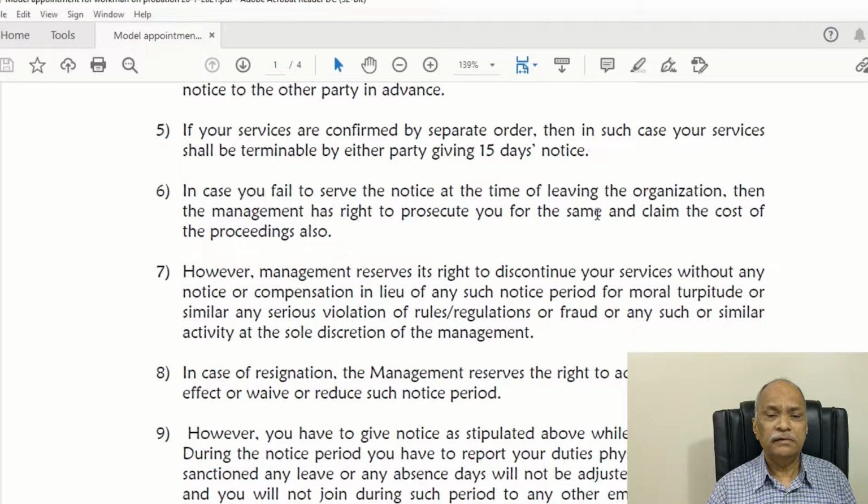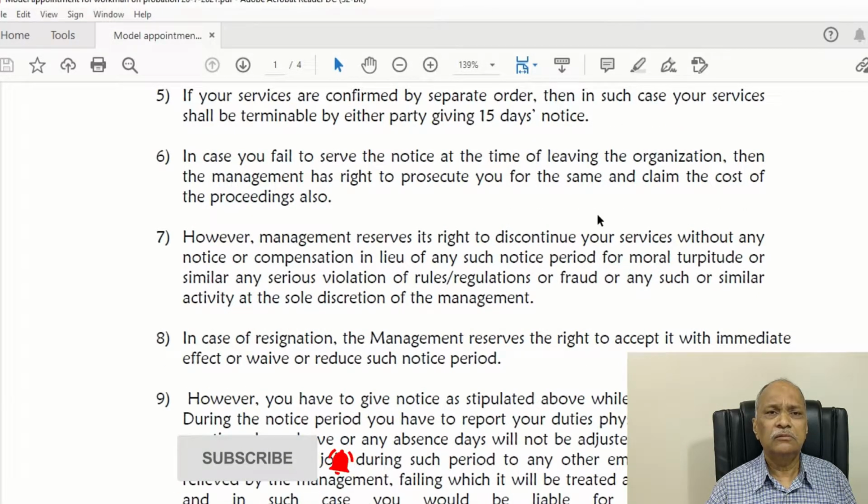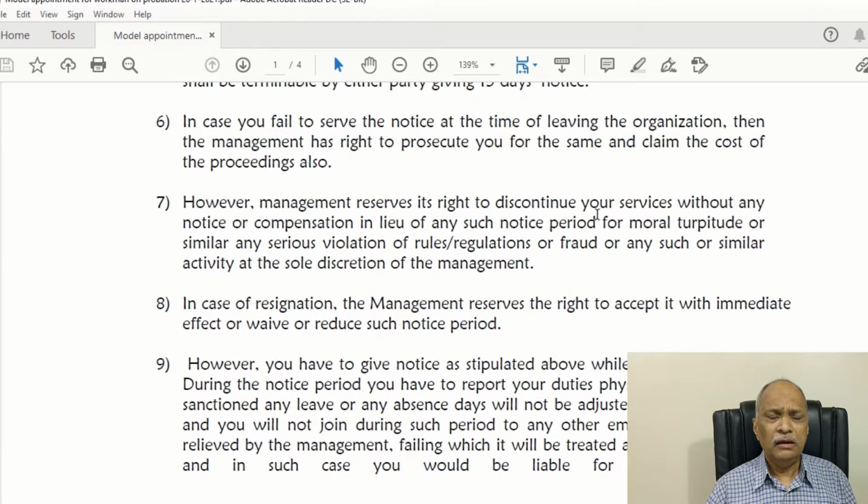If they fail, there is a judicial process laid down under the Act. If the workman fails to serve this notice, the company is authorized to prosecute the respective workman. At the same time, the workman has to give 7 days notice, or it may invite some problem because the workman is assigned some specific responsibility.